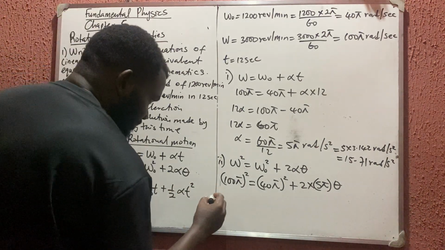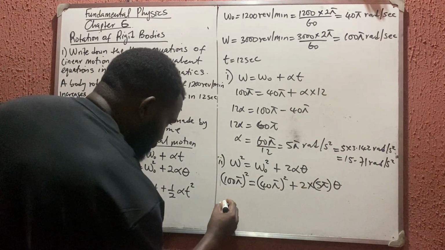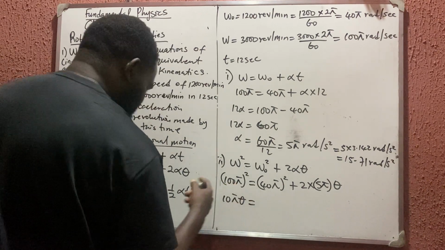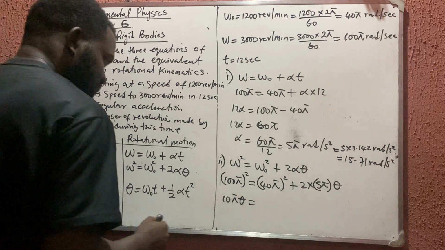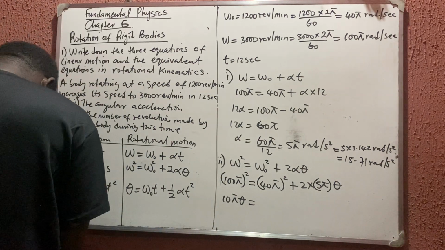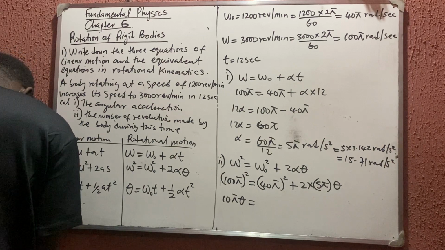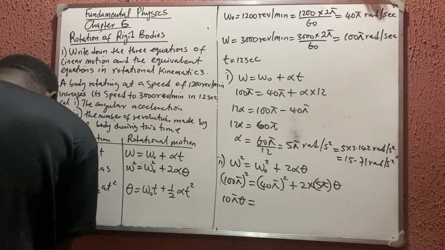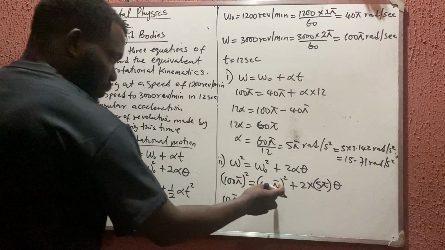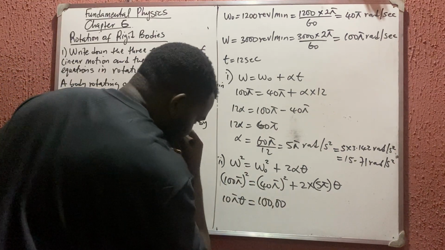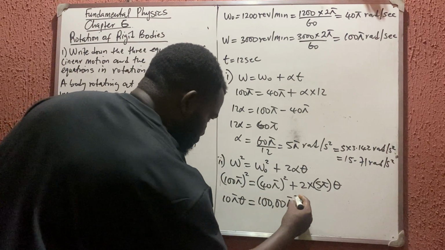This will give you 10 pi theta is equal to 100 pi squared minus 40 pi squared.